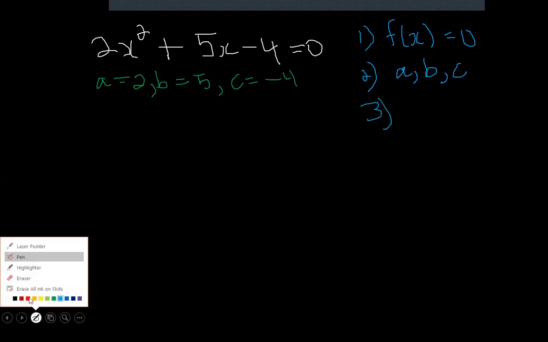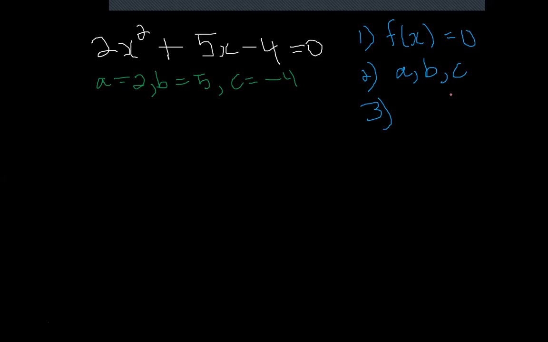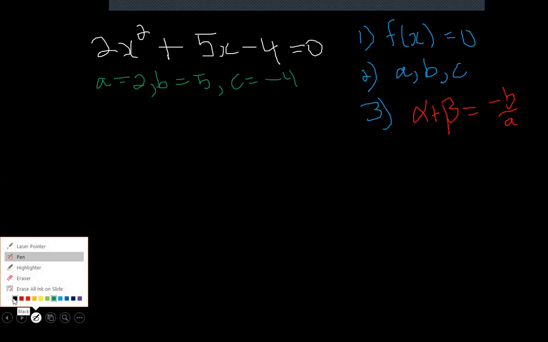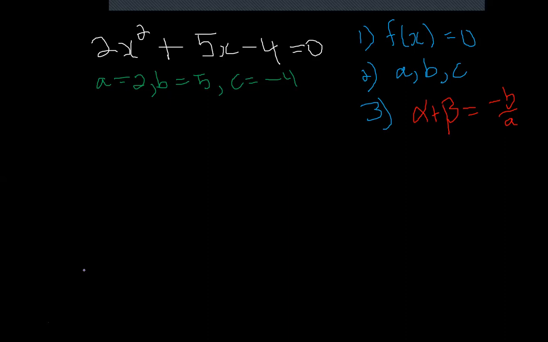Use both formulae, right? They want the sum of the roots, alpha plus beta, and the formula for that is minus b on a. So if I want to find the sum of the roots, alpha plus beta is equal to what in this case? Minus 5 over 2. And say they want the product as well.